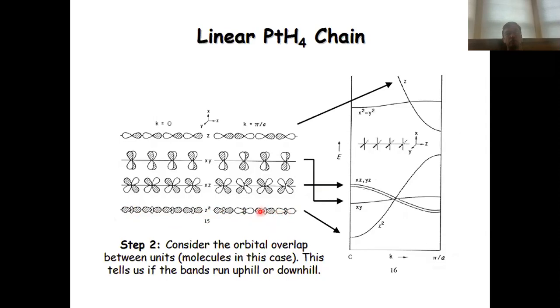That leads to the most interbonding situation, and therefore our crystal orbital at k equal to pi over a will be most interbonded and have the highest energy. So we'll have a dz square band which runs uphill and is of wide character.